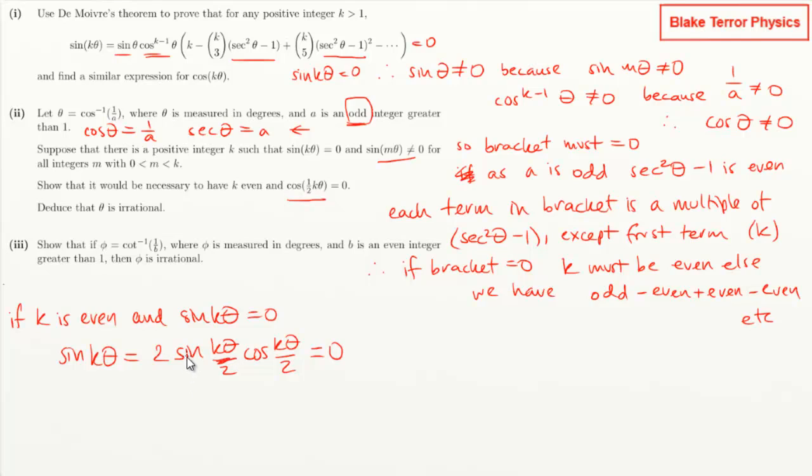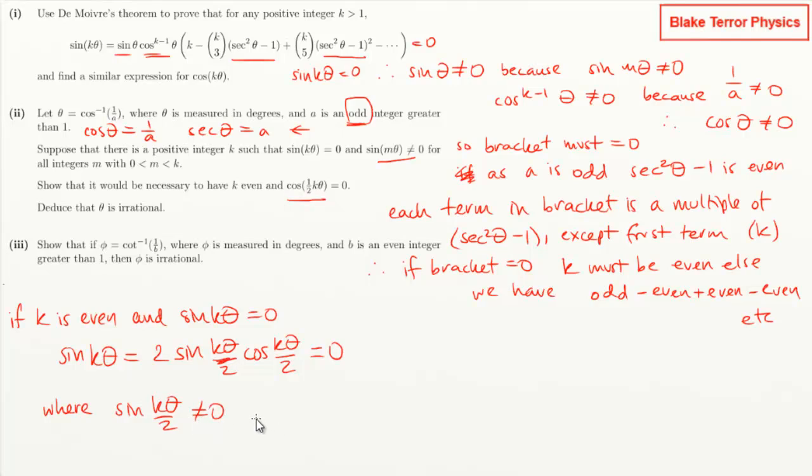So we're saying then that sine k theta over 2, we need a justification for that not being equal to 0. So I'll put down what we inevitably need. So sine k theta over 2 cannot be equal to 0.